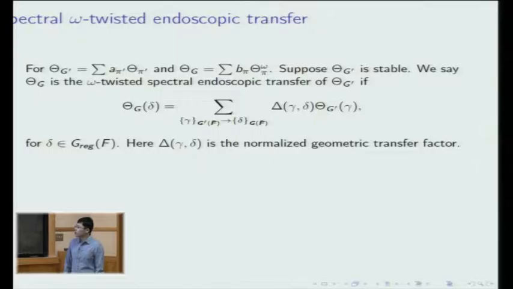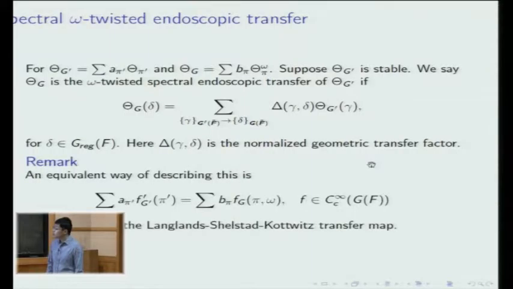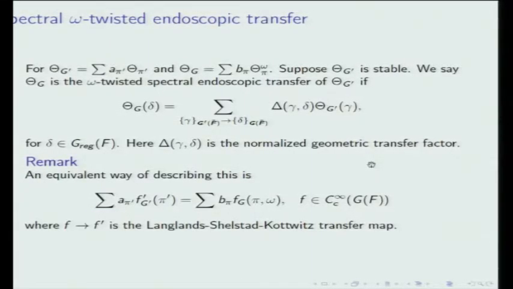And there's also another way to describe this, because we can also view these characters as distributions. An equivalent way of describing this is that you can pull back the stable distribution on G prime to a twisted distribution on G by this Langlands-Shelstad transfer map.